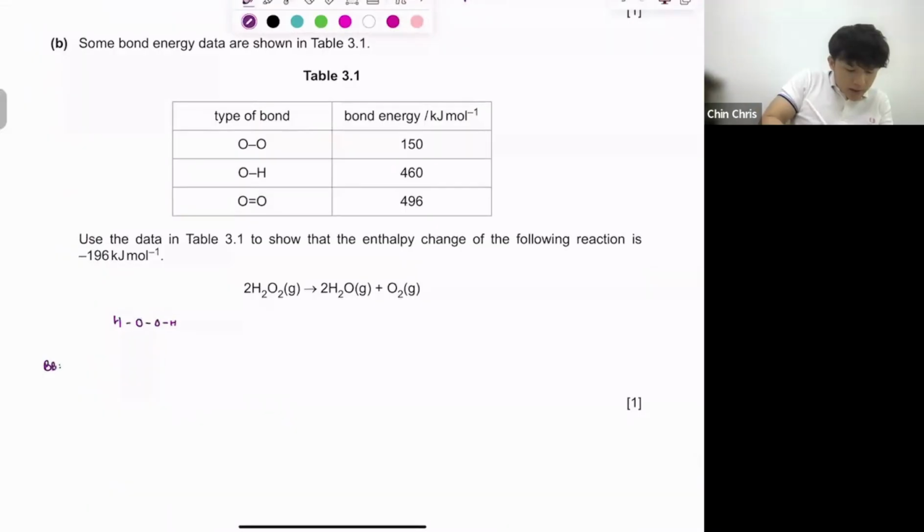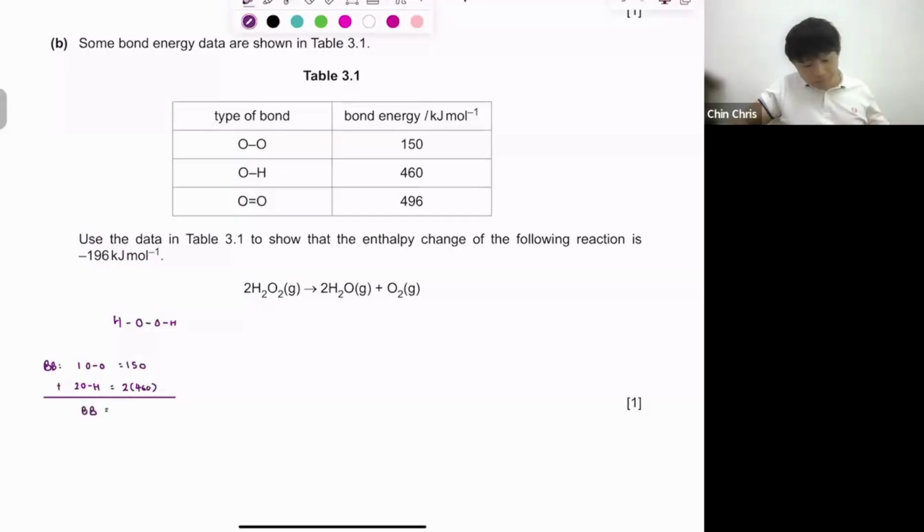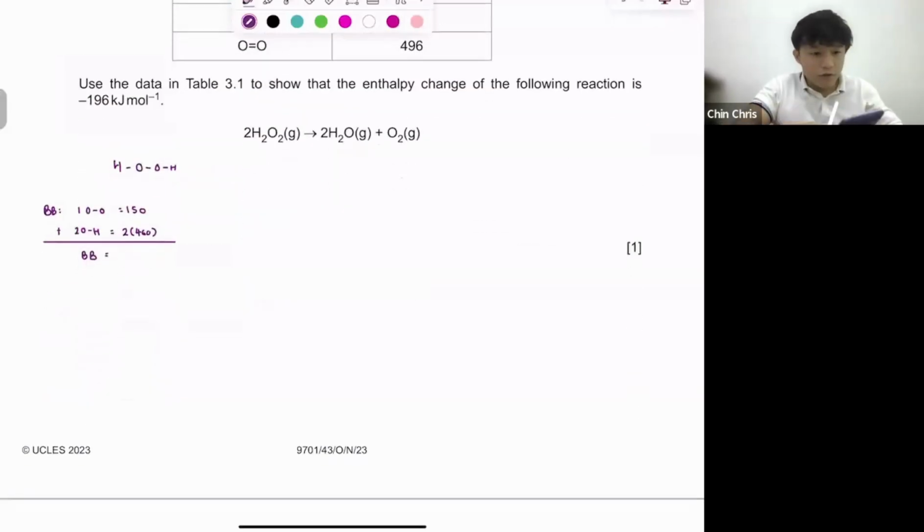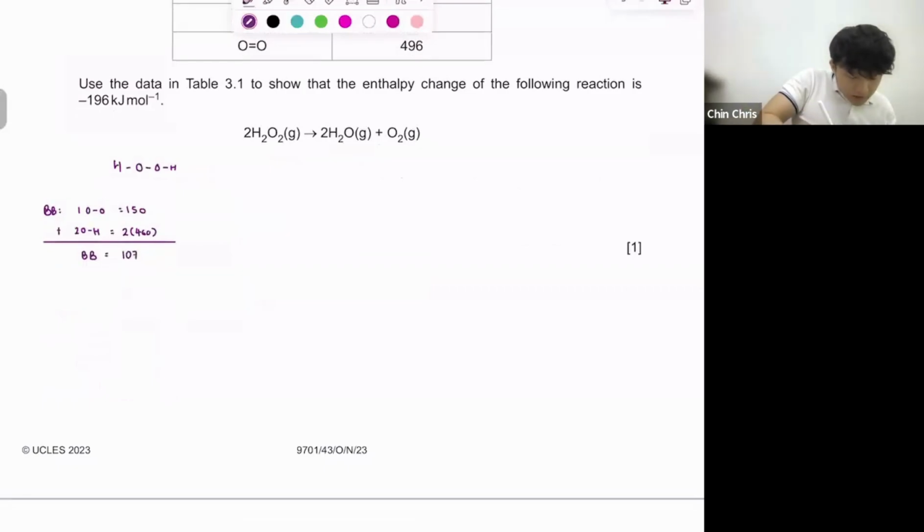Please work it out. My BB: I have 1 mole of OO, which is 150, and 2 moles of OH, which is 2 times 460. 150 plus 2 times 460 is 1070. Is that right? That's your BB.